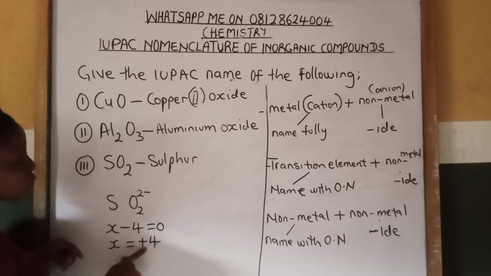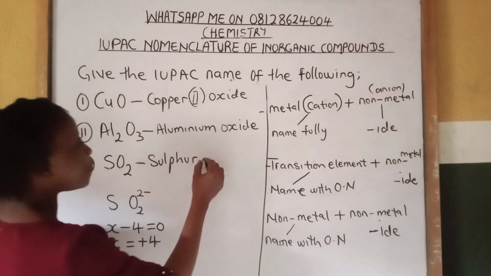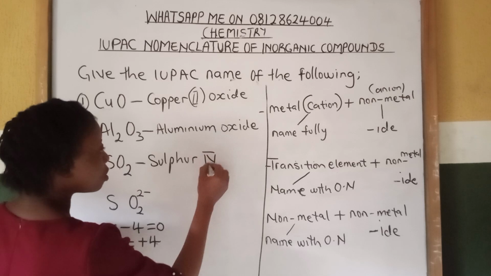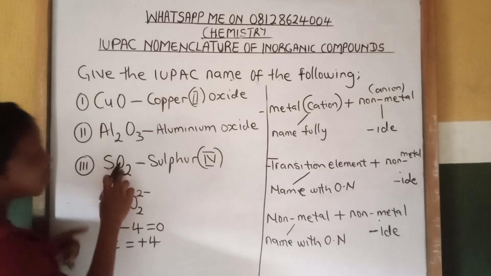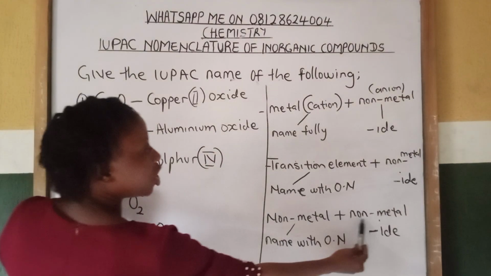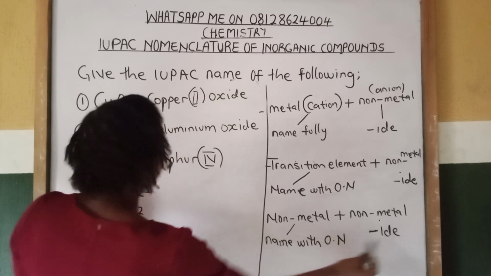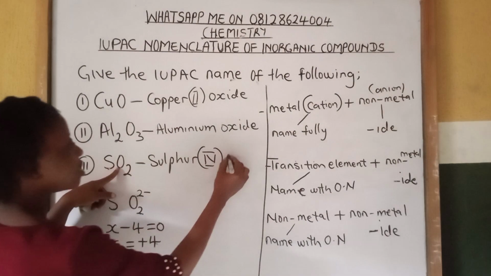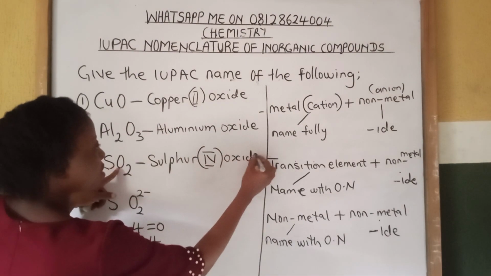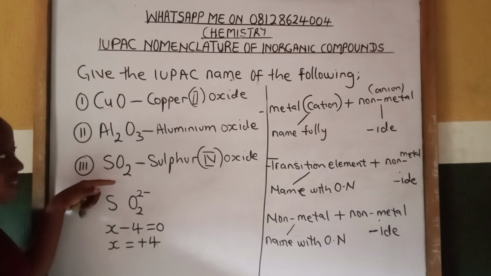So the oxidation number of sulfur is +4. So you call it sulfur 4 what? Then oxygen, the second non-metal, will end with "ide", so you call it oxide. Sulfur 4 oxide.